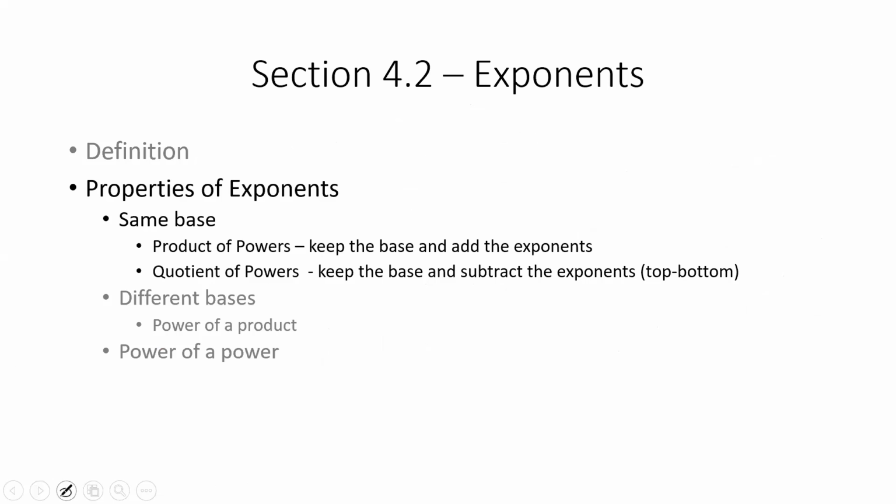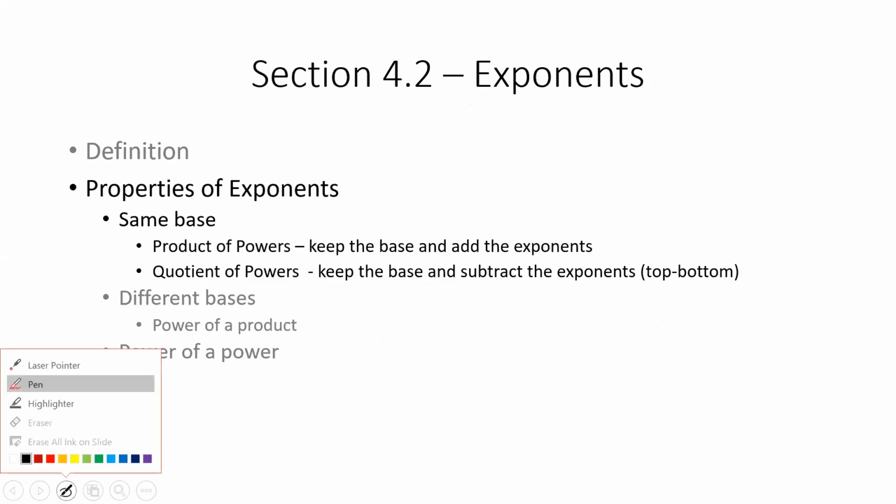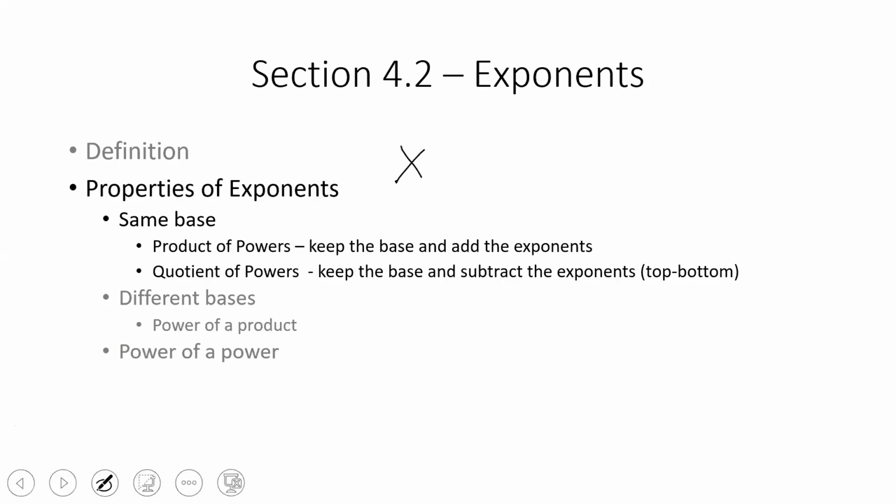Okay, so if we're talking about properties of exponents, a couple different scenarios could happen. So we could have 2 values that have the same base. So for example here, if I'm looking at x to the 6th times x to the 7th, notice that our bases are the same, so they both have a base of x.